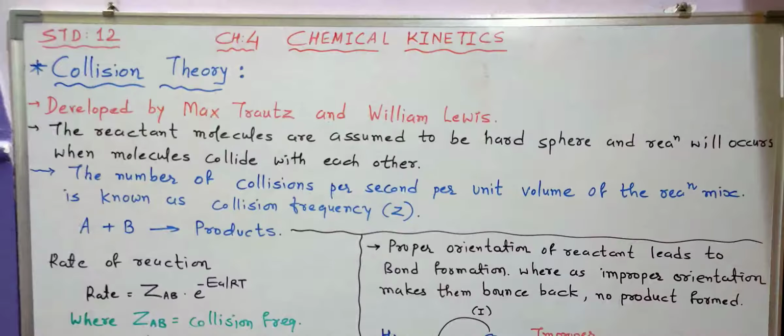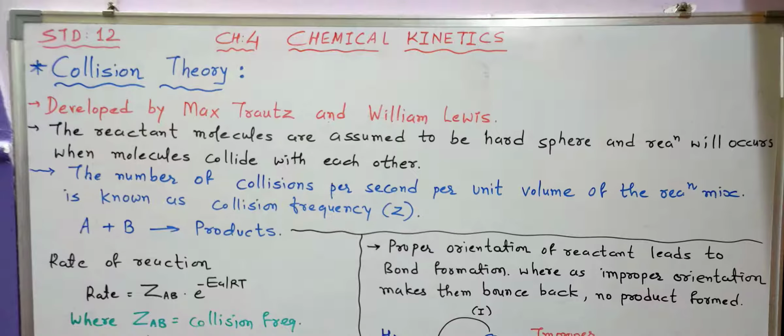The number of collisions per second per unit volume of the reaction mixture is known as collision frequency, that is denoted by capital Z. You have to write this definition in this theory. The simple example is A plus B gives products.